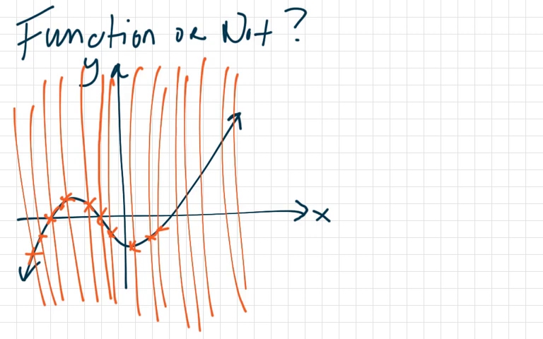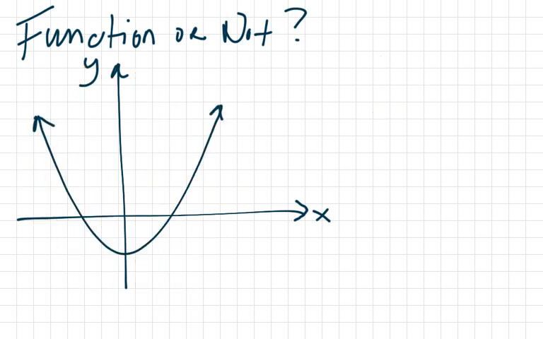I can't really show that with this method of drawing, but you would essentially be taking a line or a pencil and dragging it along the function to see if at any point it hits twice. I don't see any situations where it would hit twice, and so therefore, yes, this is a function. This represents a function.